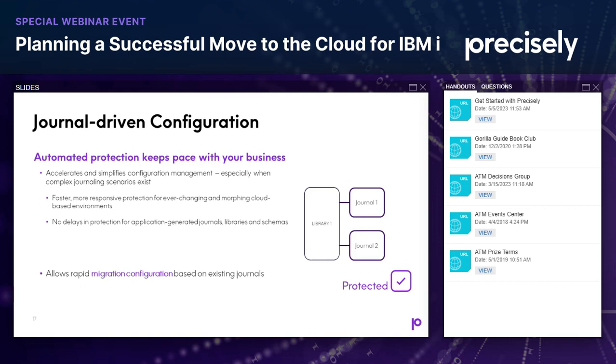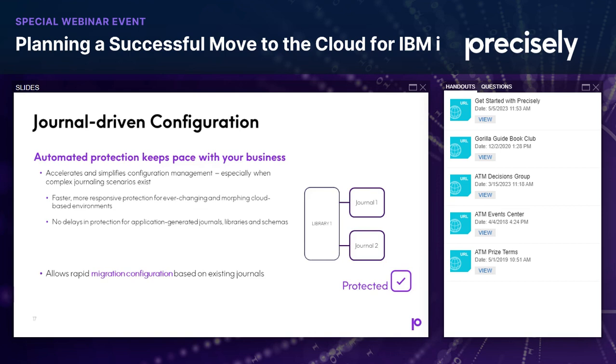But maybe you have a system that has never been replicated with MIMIX before, and it's got journals scattered all over the place. You may know that we always wanted to consolidate journals in the past. Well, with the journal-driven configuration, we don't have to do that so much anymore.